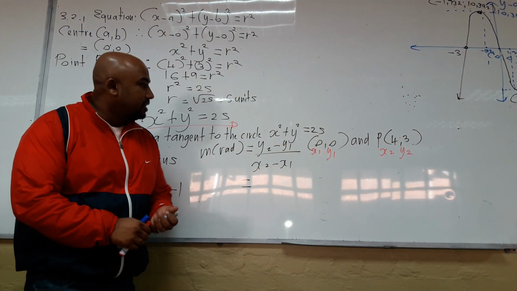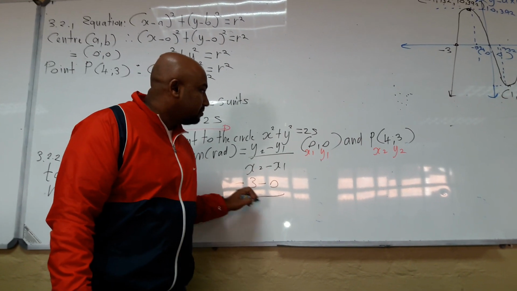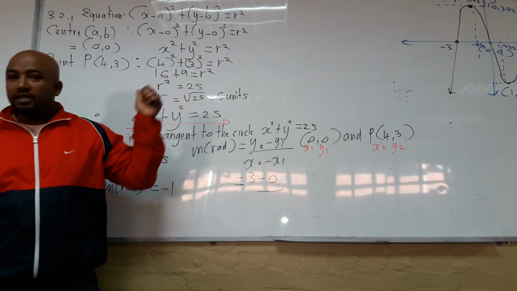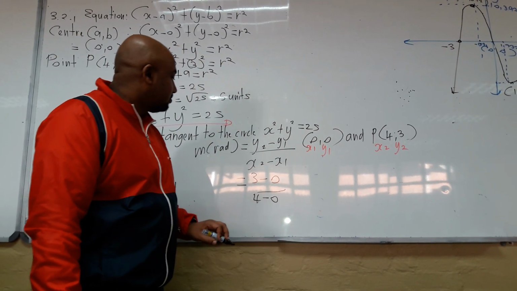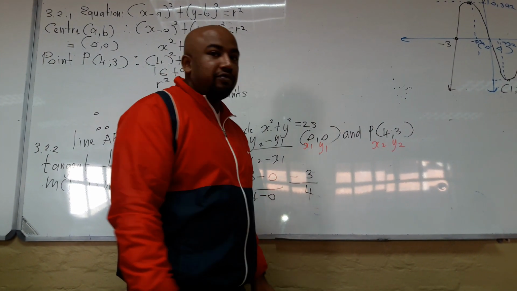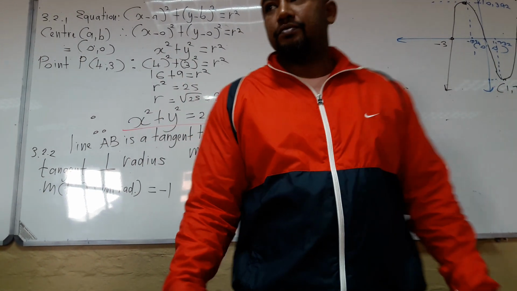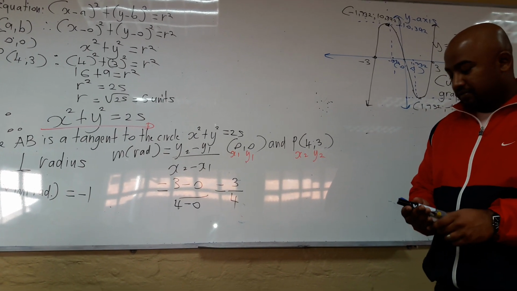So y2 minus y1 will be 3 minus 0, and x2 minus x1 will be 4 minus 0, which is equal to 3 over 4. So now, what can we do with this 3 over 4?